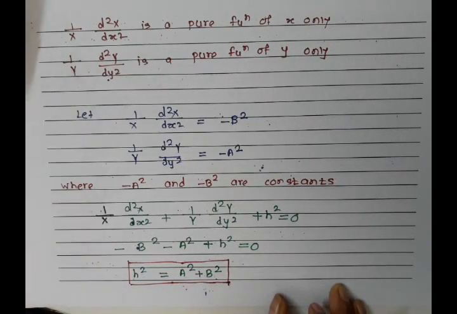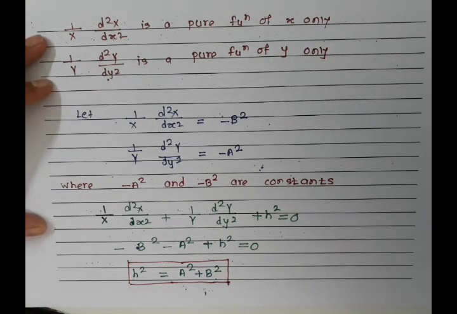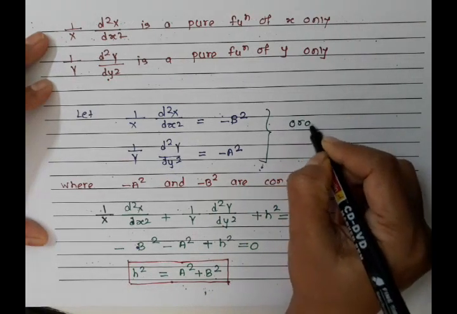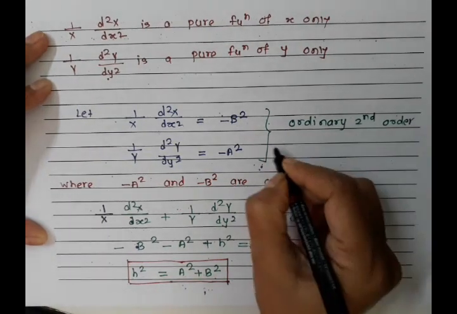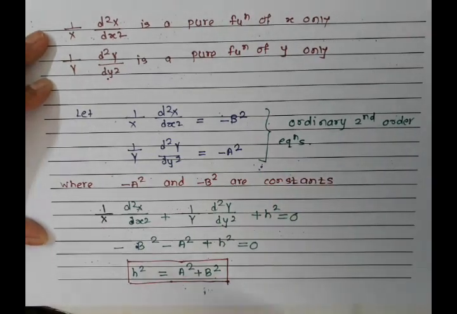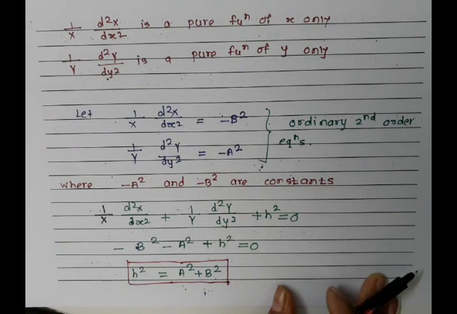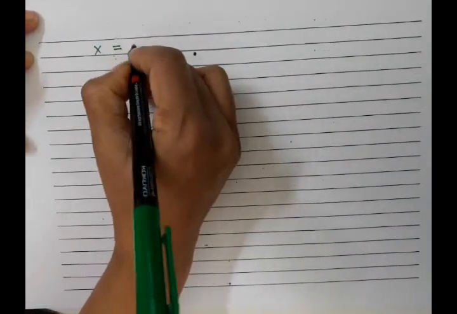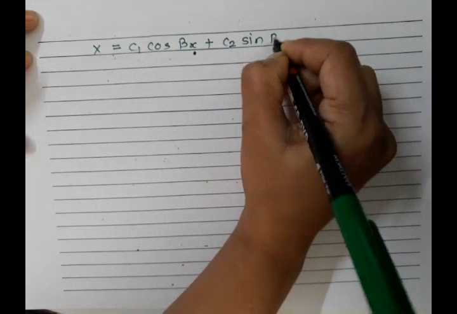So here again we can see that these two equations which we have already seen are nothing but ordinary second order equations. Now the solutions of these, as we are using the separation of variable method, can be given by X is equal to c1 cos bx plus c2 sin bx.